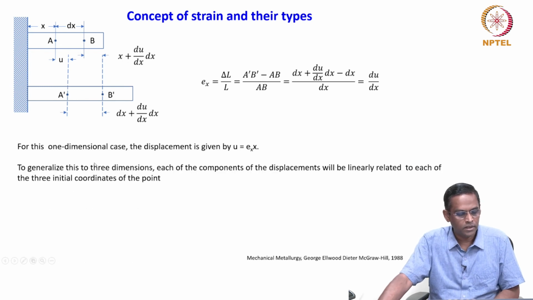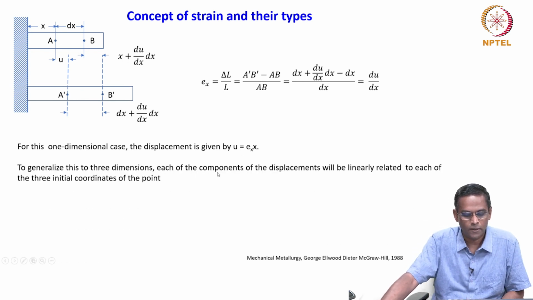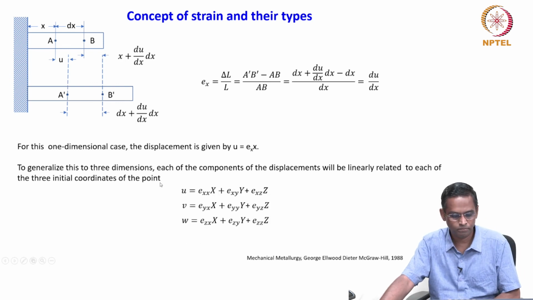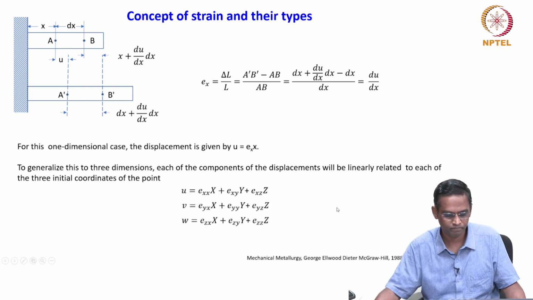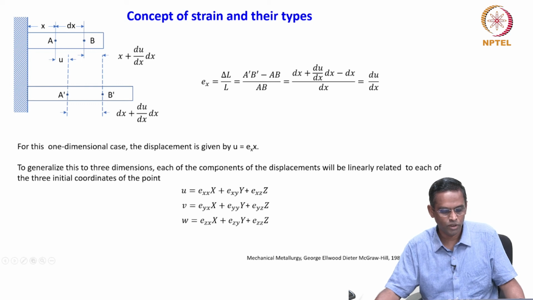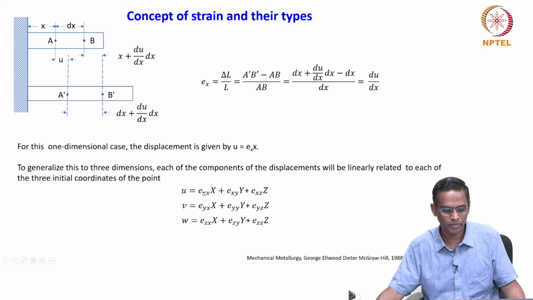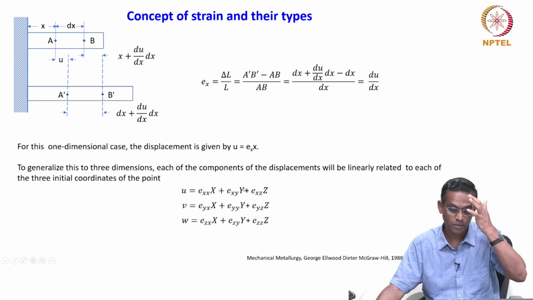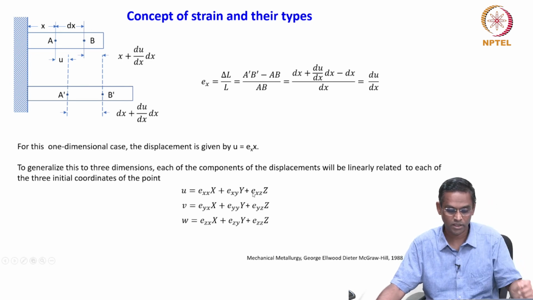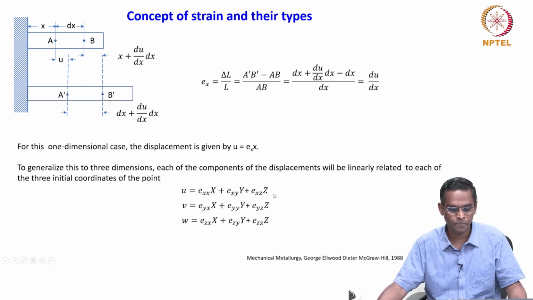To generalize this to 3 dimensions, each of these components of displacement will be linearly related to each of the 3 initial coordinates of the point. So what is that? It will be written like this. So u will have these components from Exx in the capital X direction and Exy in the y direction and this is from the z direction.